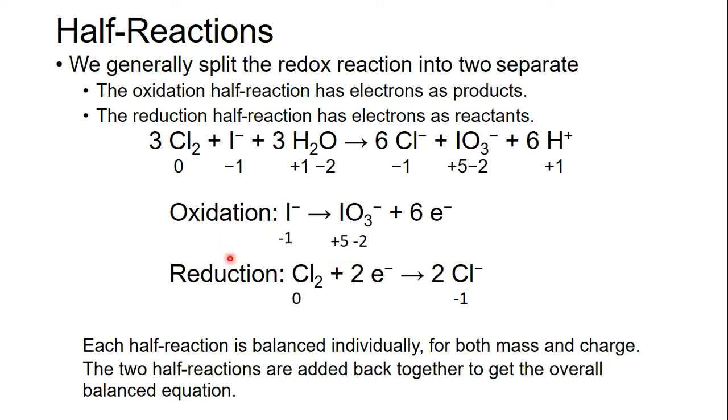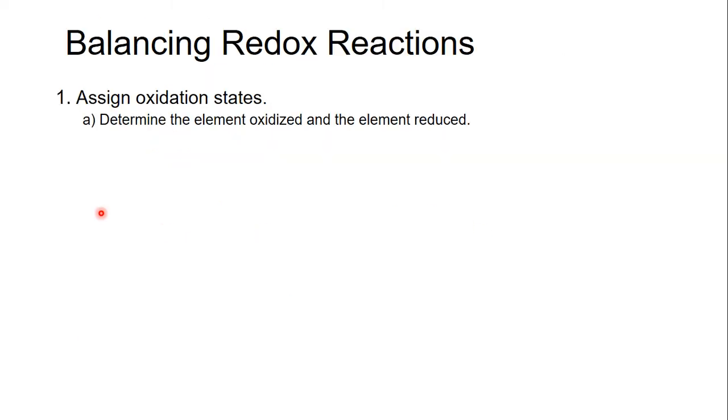And these half reactions, you need to balance them, not only for the number of elements, but also for charge. For example, these are unbalanced reactions. Look at the oxidation. So you have a minus 1 charge here, and then you have a minus 7 charge in total. So these reactions aren't balanced yet.